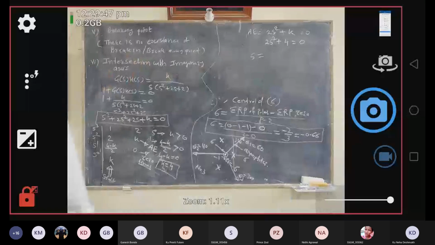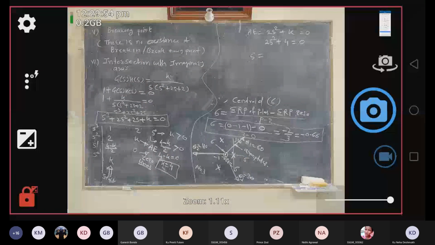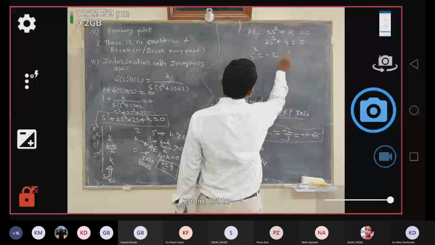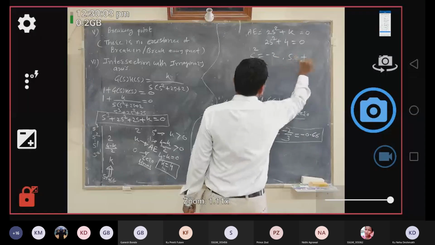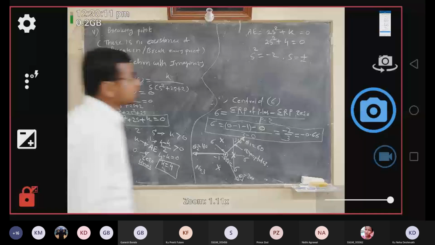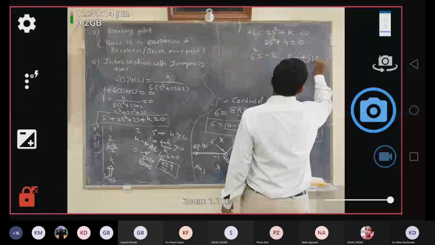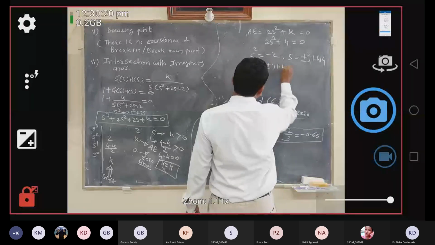So s square would be equal to -2. If you simplify this, s is equal to plus minus j 1.414.